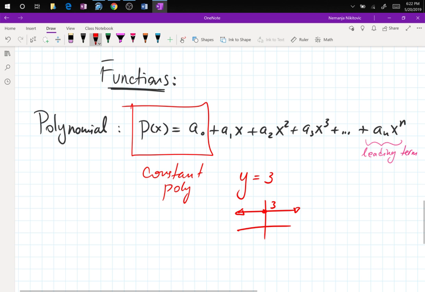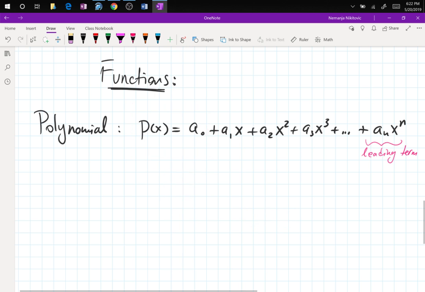So if you only have P of x equals, let's say, 3, or y equals 3, in that case, it's a constant polynomial. Now, you might have two terms like this. Does anyone recognize this one? Yeah, but what is it? What's the name?